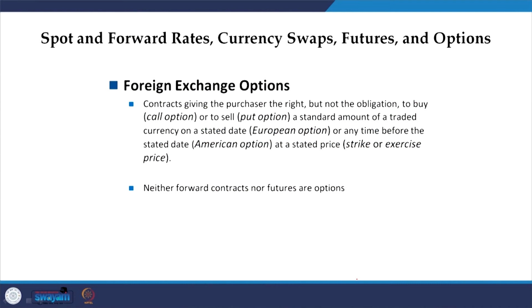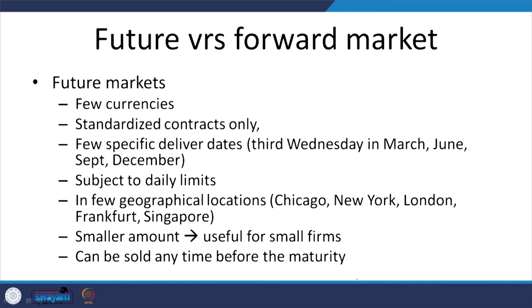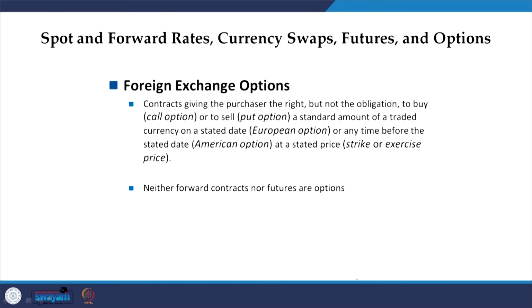Coming to foreign exchange options, okay, futures we defined, we are now defining options. Options are contracts giving the purchaser the right, but not the obligation. It is the right to buy, called a call option, or to sell, called a put option, a standard amount of a traded currency on a stated date.